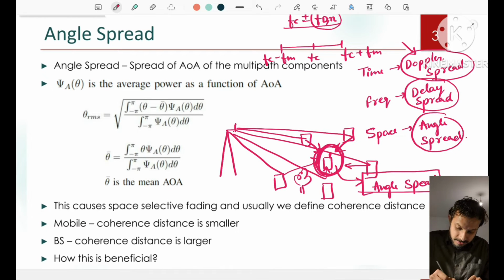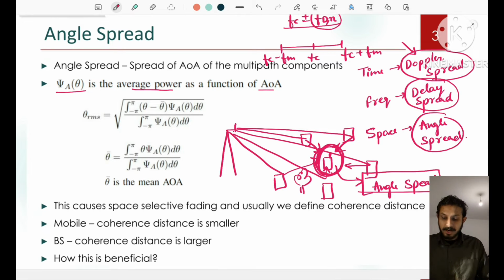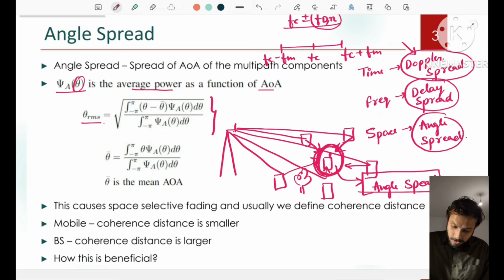Now let us define this. If psi(theta) is the average power as a function of angle of arrival, that means the average power in the theta component, then theta RMS can be defined by this formula, where theta bar is the mean angle of arrival, and this is the normalization of the power.